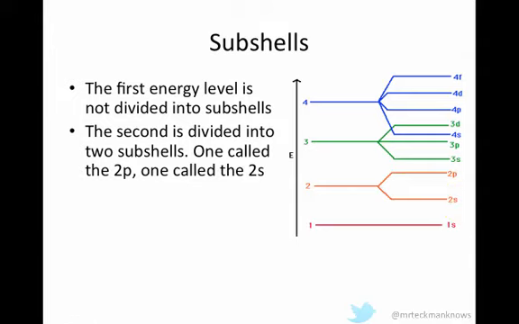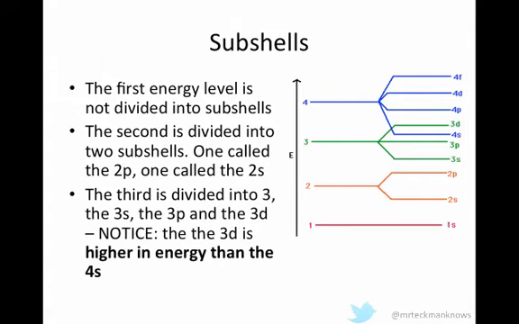So 2p subshell means the p sort of subshell at the second energy level. You'll notice there's also a 3p subshell and a 4p subshell. So this is how we distinguish between the two, and they're going to be similar shapes. Third energy level has been divided into 3 subshells.